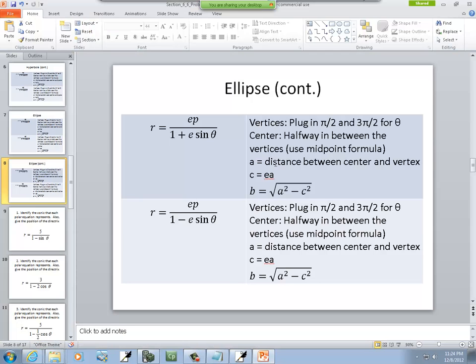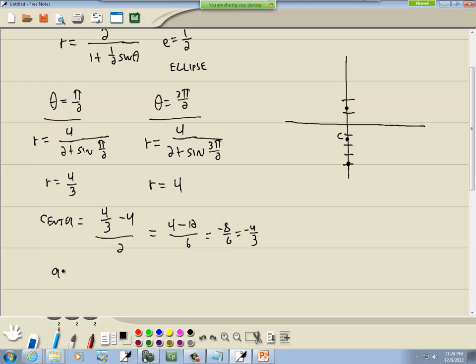Then it says we find A, distance between the center and the vertex. Well, here's our center, negative 4/3, and we want to choose one of our vertices. I'll choose this one down here. Now think where this would be in terms of a real y-axis. That would be negative 4, wouldn't it? But what we're looking for is the distance. So we're not wanting negative here. We want positive. A is always positive.